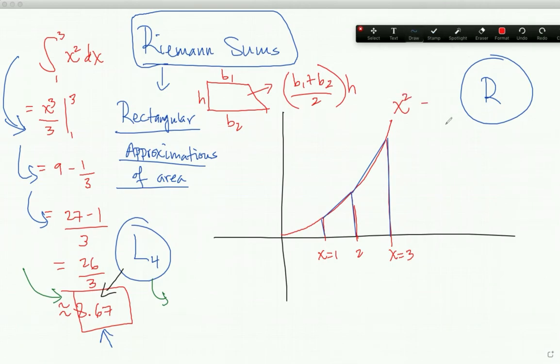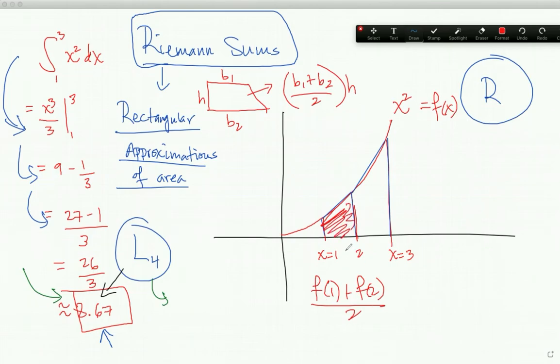First, we use the average of the bases, right? So I'll have to do f of 1 plus f of 2 over 2. That's for the first trapezoid times what?